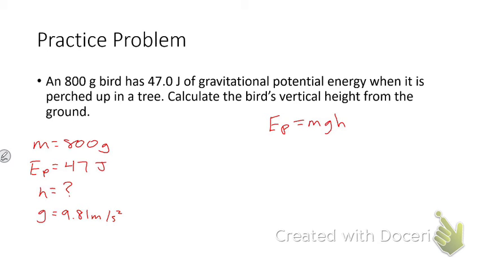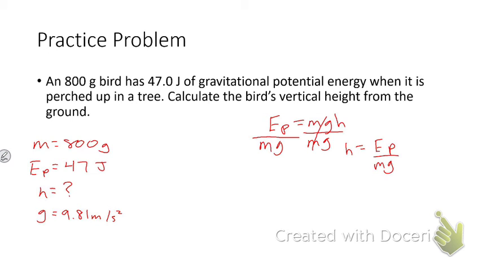But hold up, what is the question asking for? Height, right? So we need to get h all by itself. Right now it is being multiplied by mass and gravity, so the opposite is dividing by mass and gravity. And what we do to one side, we must do to the other. All the grade 7s chant me when I say that. It's kind of fun.